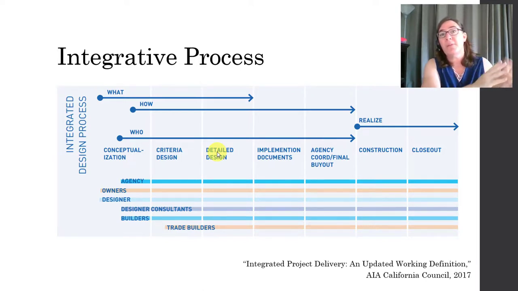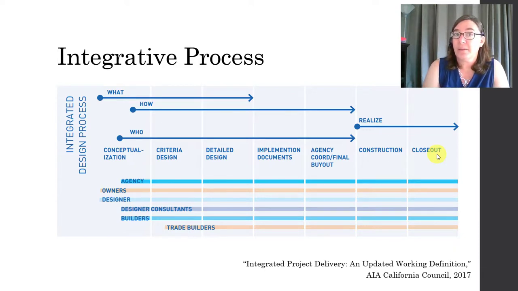But we're still moving from beginning to the end of the design phases. Now take a look at the design decisions and you'll see that they are moved up earlier in the process. So we determine what is going to be built, who is going to build it, that is moved way up in the process, how it's going to be built, again, very early in the process.